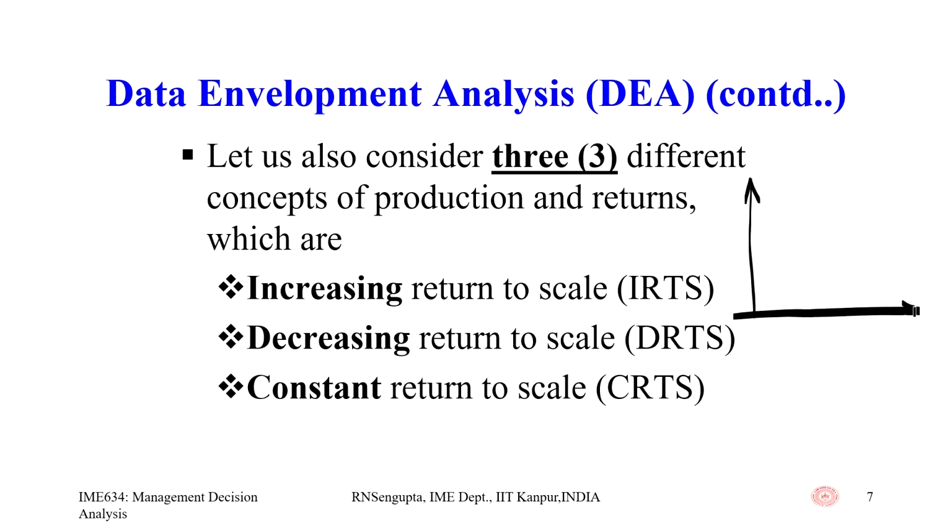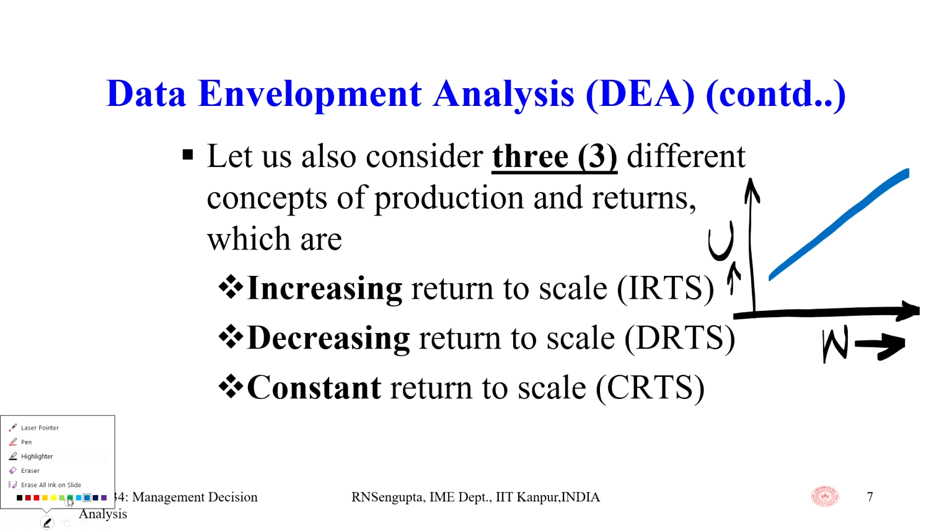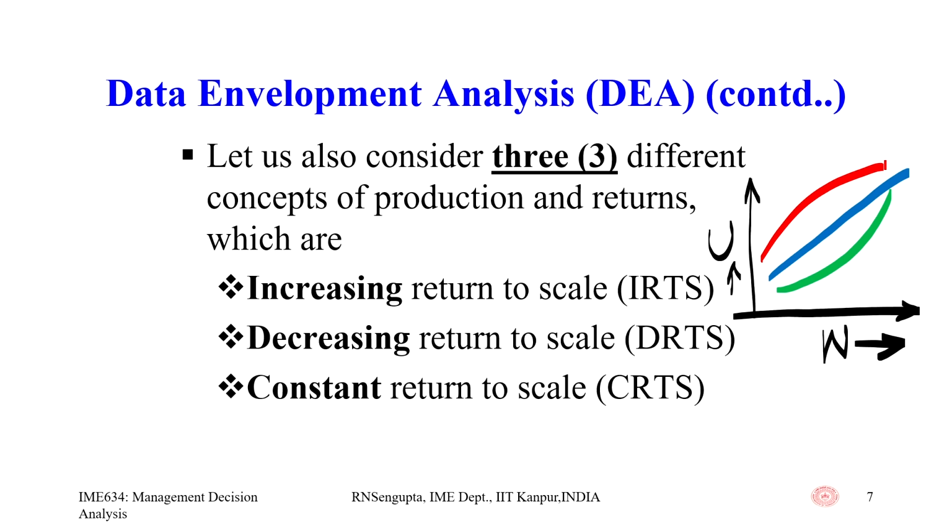If you have the wealth W along the x axis, and utility, for which I am only using the symbol U, along the y axis, the graphs would be: the blue one would be where the rate of increase is constant, the green one would be where the rate of increase is increasing at an increasing rate, and finally, the red one would mean it is increasing at a decreasing rate, because the slopes are changing.